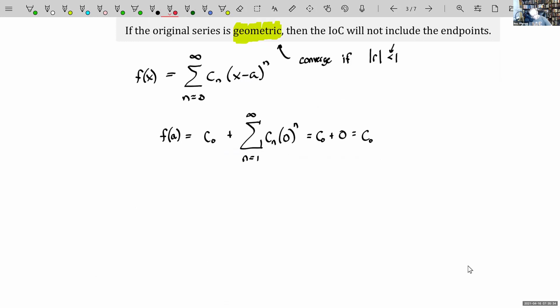So I'll put this as a warning. We will have to check the endpoints when finding intervals of convergence.